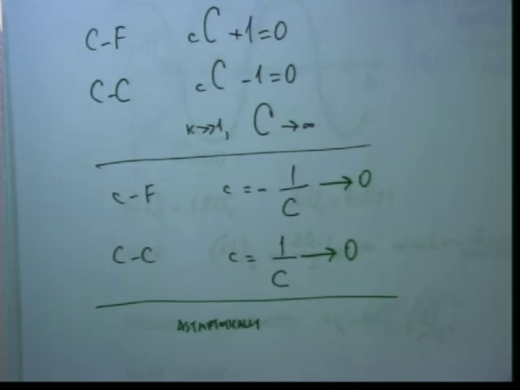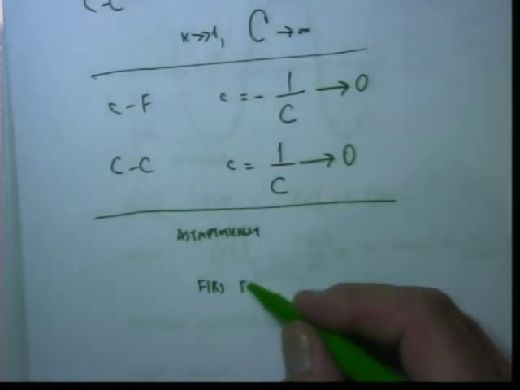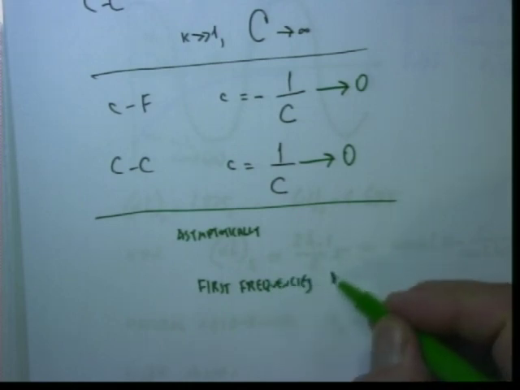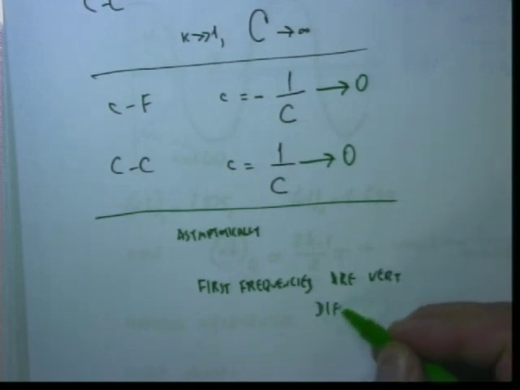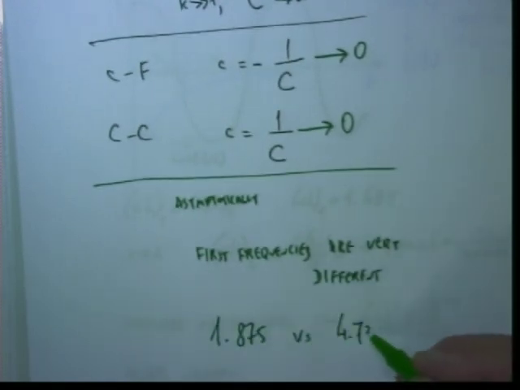So first frequencies are, of course, very different. So it is 1875 versus 473.